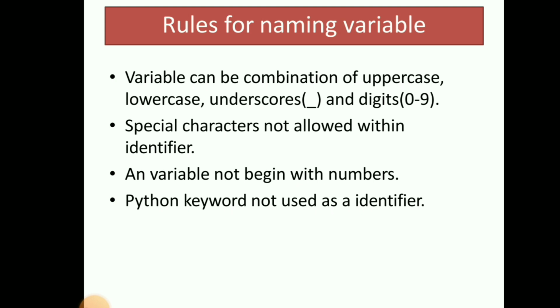Variable names can be any length. Python keywords cannot be used as identifiers. That is, a variable name cannot be any one of the keywords or special characters. Variable names are case sensitive because Python is a case sensitive language. No blank spaces are allowed within variable names.